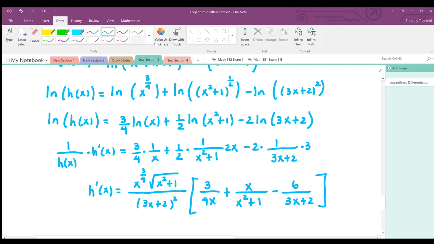All right, and there is our derivative. Okay. And if we were really bored, we could try and combine these 3 rational expressions here to be just one rational expression. But we're not bored here, so we're going to stop right here.